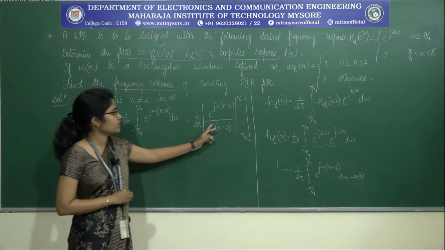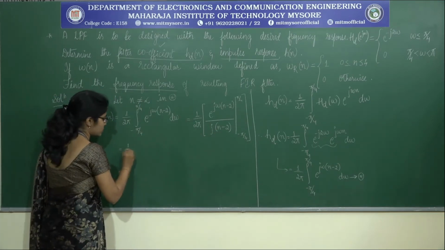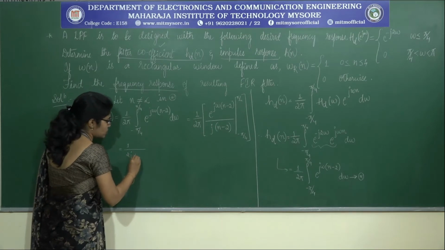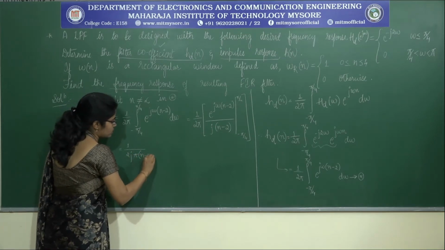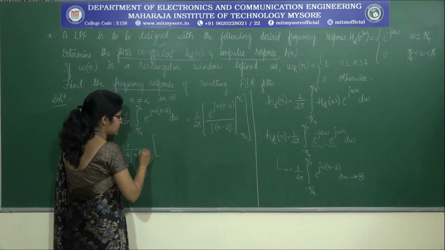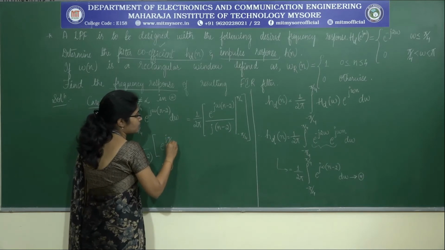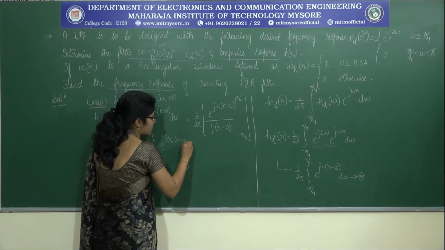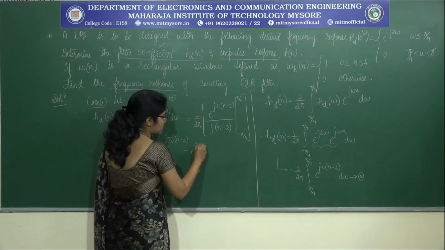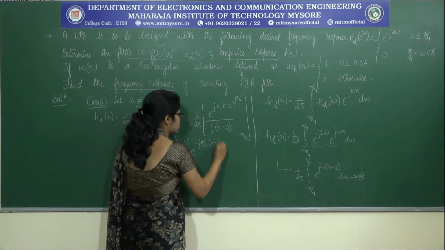Let me take this as a common factor outside. So I can write it as 1 divided by 2j pi into (n minus 2). If I substitute the limits, it will be e power j pi by 4 into (n minus 2) minus e power minus j pi by 4 into (n minus 2).